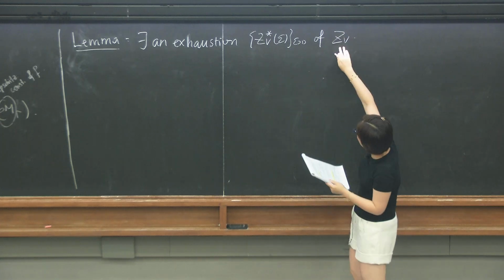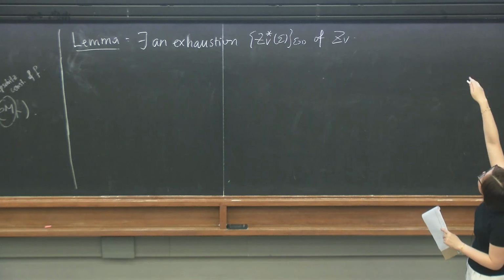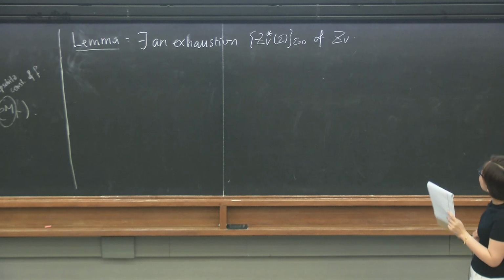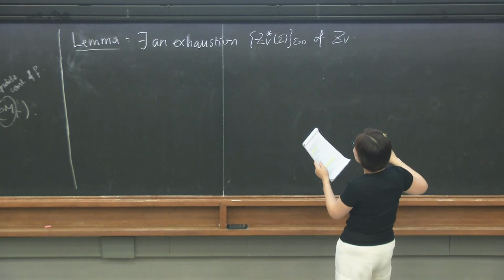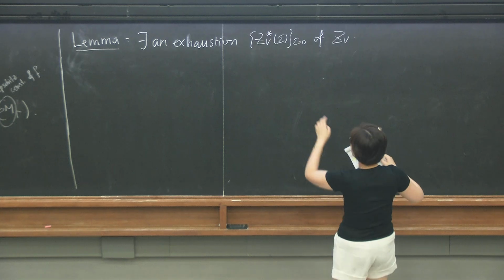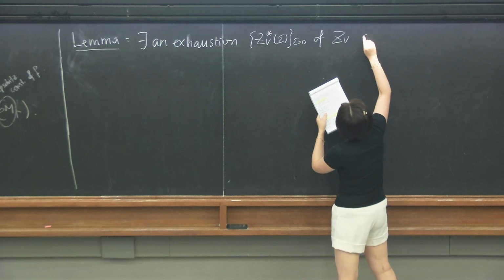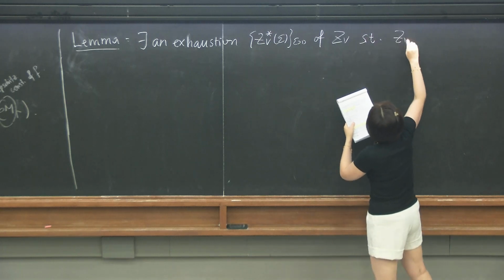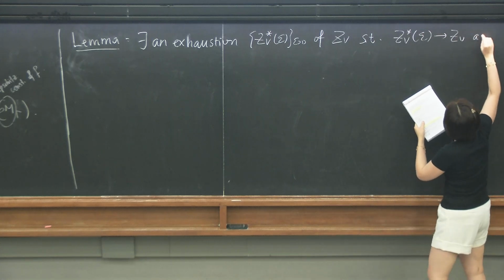So this subset of the space of orbits where we can apply this theorem. So this is a full measure subset of Z, all right? Okay, so there's an exhaustion by putting this epsilon level such that Z nu star epsilon goes to Z nu as epsilon goes to 0.